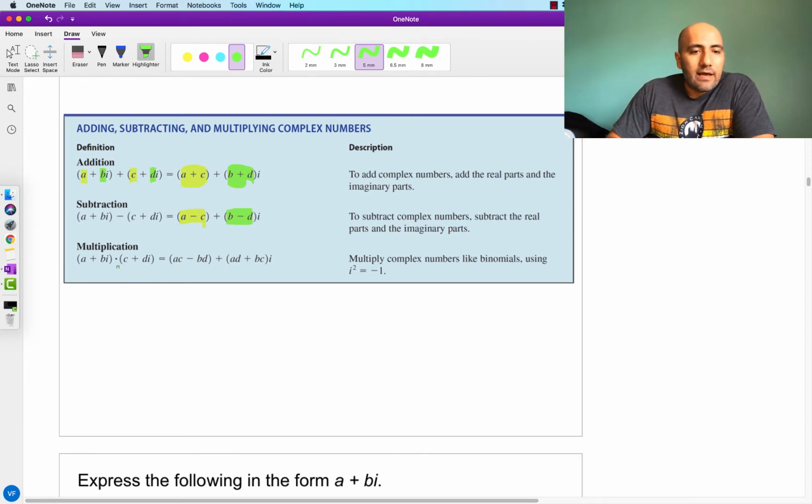Good. Okay, and now this is the one we calculated. We distribute, FOIL, combine like terms, and we see that this ends up being the real part of my complex number solution. And whatever this calculates to ends up being the imaginary part of my complex number solution.